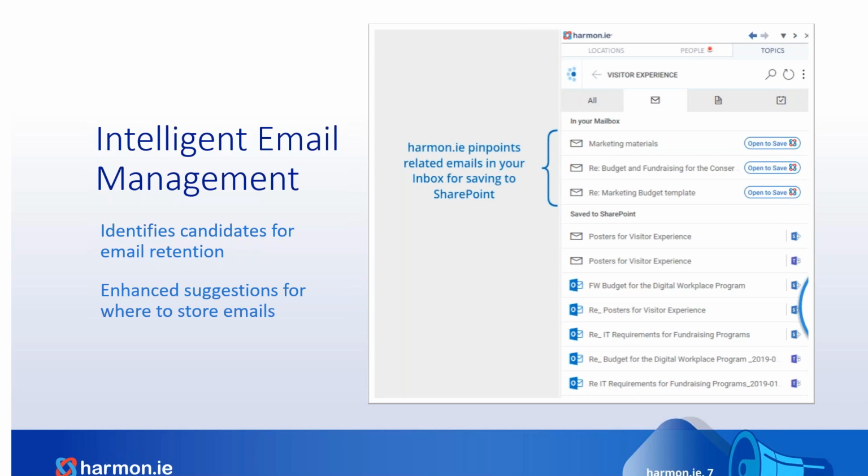So we're actually working on, and in Harmony 7 we're including, a pre-release of our topics interface, which is able to, in an Office 365 environment, analyze the emails that you're reading and receiving, and identify key topics from those emails. It then uses those topics to identify which emails should be saved to SharePoint, which ones are important, based on natural language processing to identify those keywords and topics from your emails, but also suggesting where to save those.